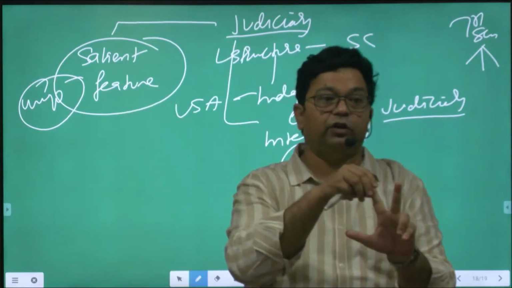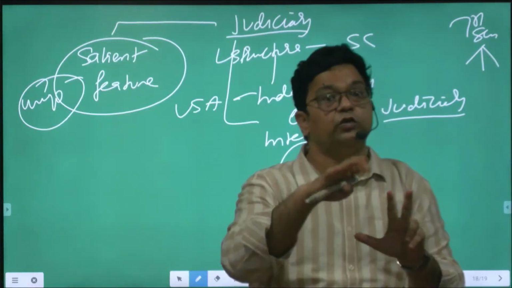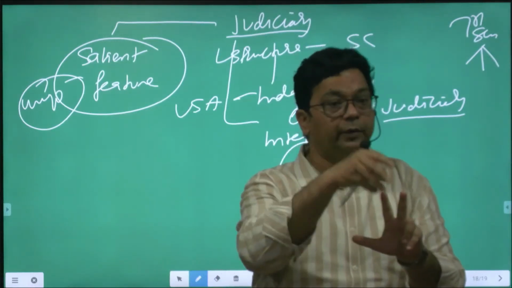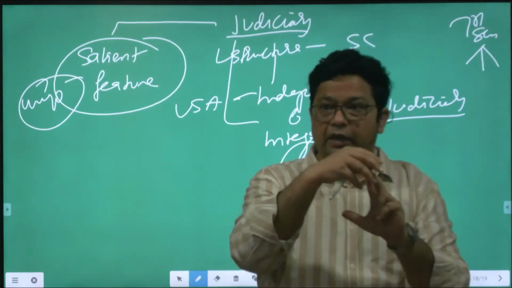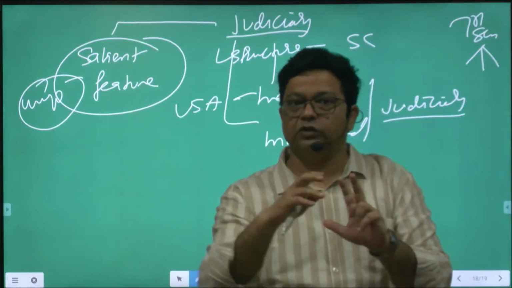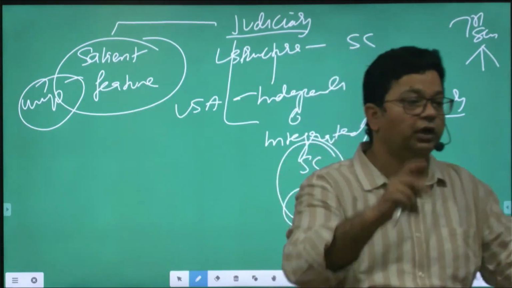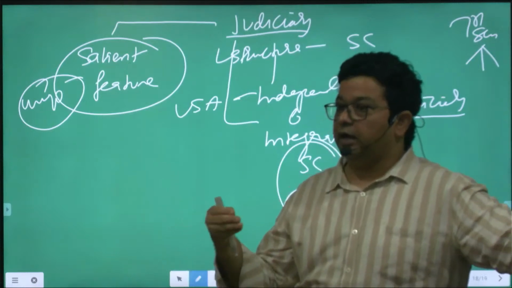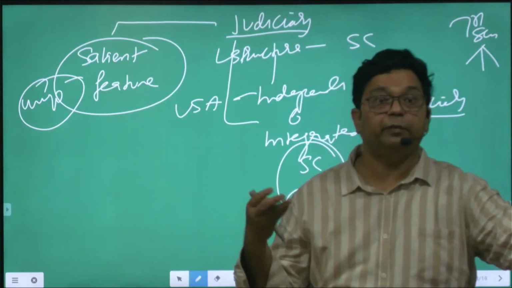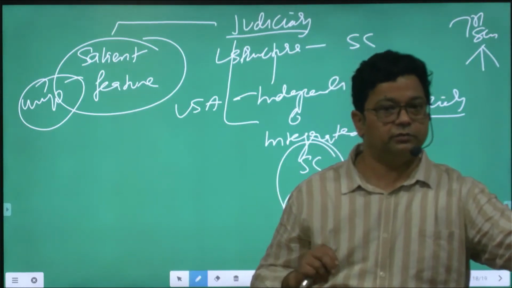Their salaries will not be decreased during their tenure, nor depend on their performance. Their salaries are directly charged to the Consolidated Fund of India and should not be given to the voting process. These are the ways the independent nature is maintained by the constitution.